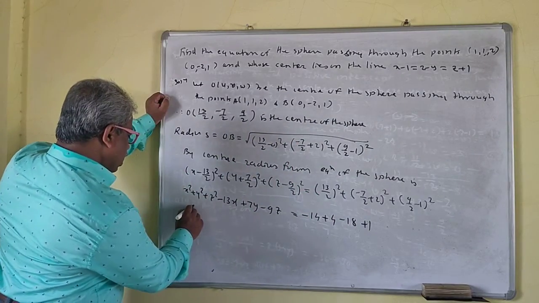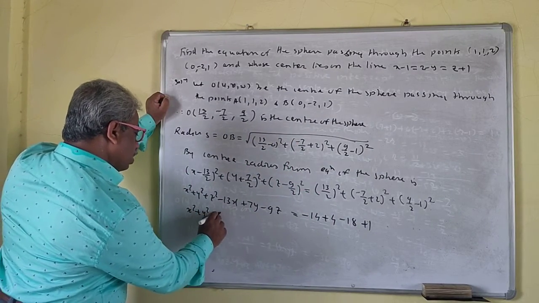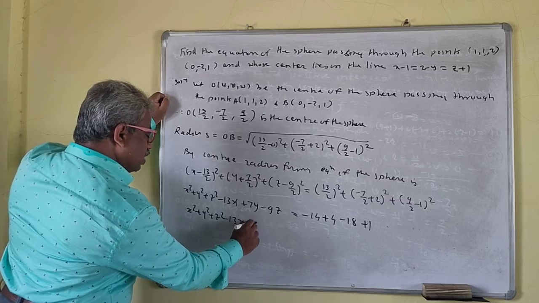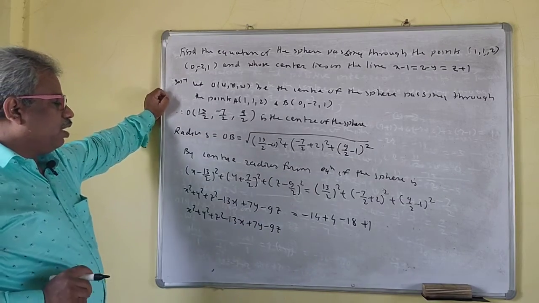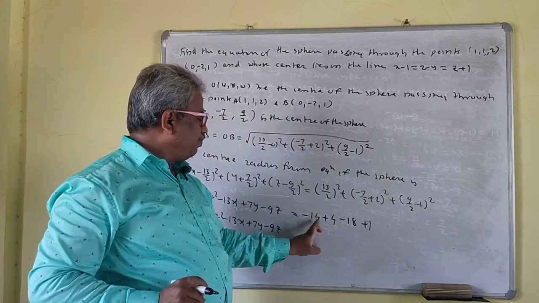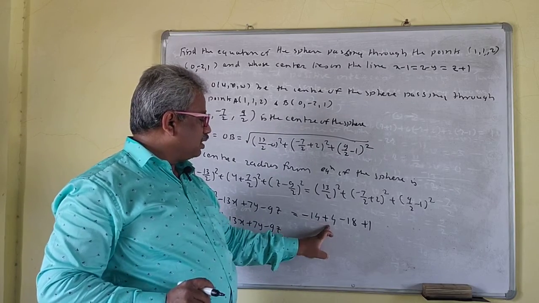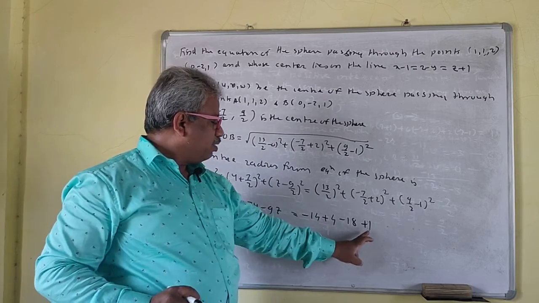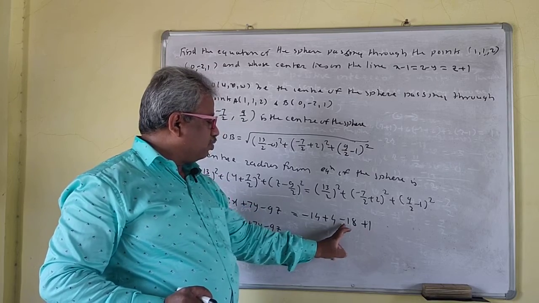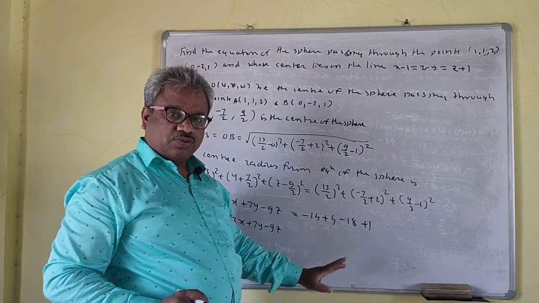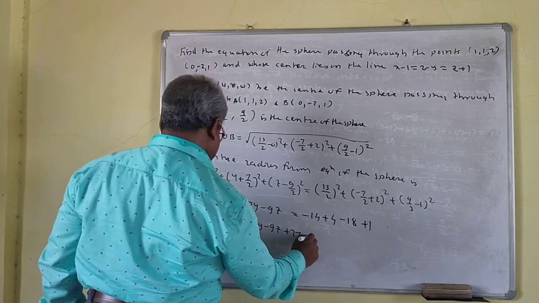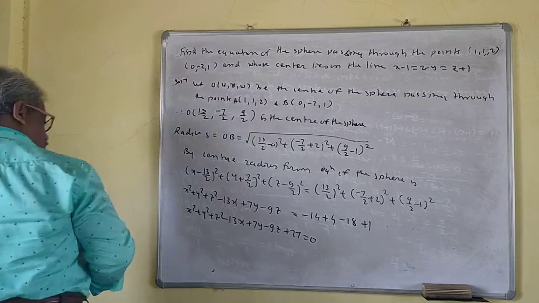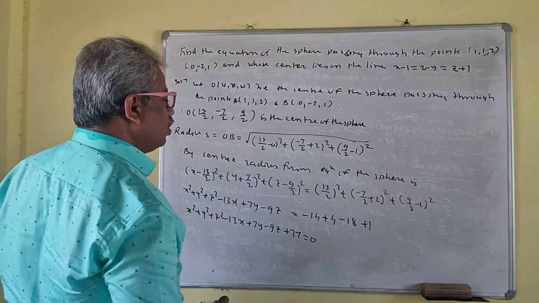So this is x square plus y square plus z square minus 13x plus 7y minus 9z. So this is minus 10, so minus 28 plus 1 is minus 27. So this is plus 27 is equal to... oh, something is wrong here.